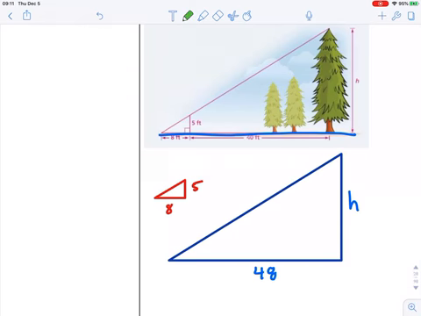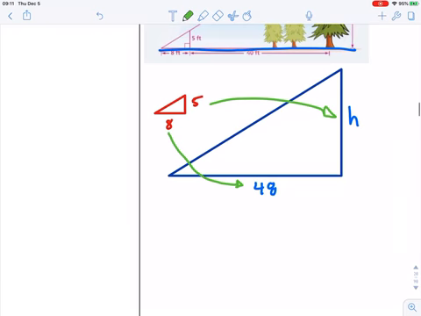Okay. So just like you would do with a ratio, 5 to 8 or 8 to 48, the amount of change from here to here, okay, should match the amount of change from here to here. So if we set up these ratios correctly, here is my small triangle, okay?